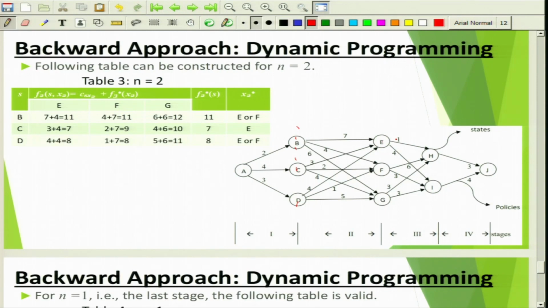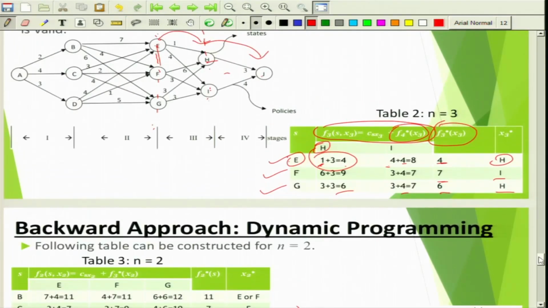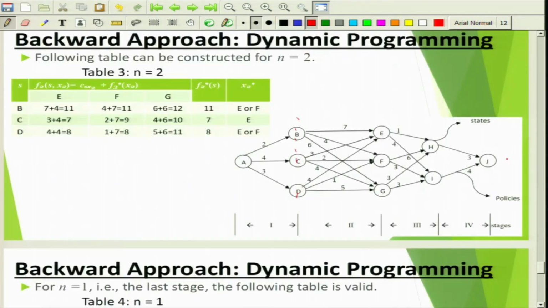You need not calculate whether you should go from E to I and I to J. That is not required, because in the previous stage we found that H is the most optimal solution. What is the cost associated with moving forward? It is 4. Then you get 7 plus 4, which is 11.